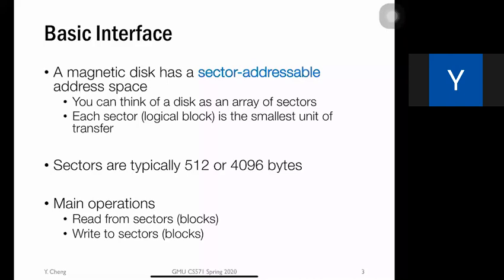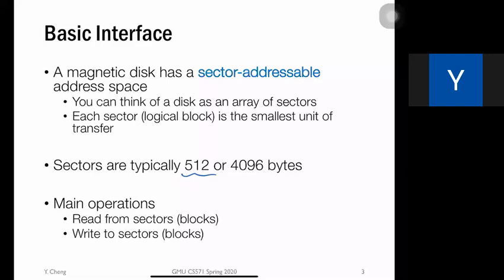Half a kilobyte is 512 bytes, or 4096 bytes, okay? And of course, since it's an IO device, it supports read and write operations. You can read multiple sectors, multiple disk blocks, out from the disk, and you can write multiple disk blocks to the disk, okay? So this is the basic interface of a hard disk drive.